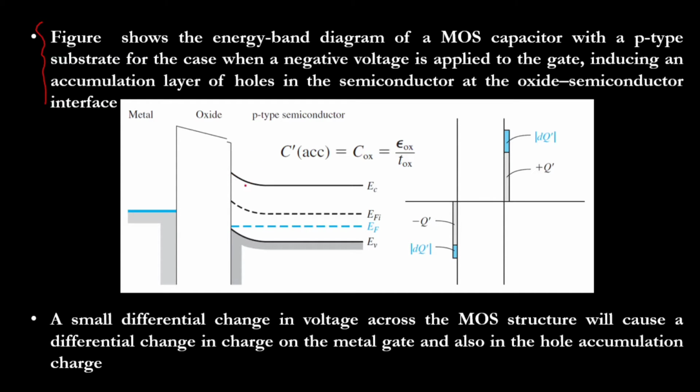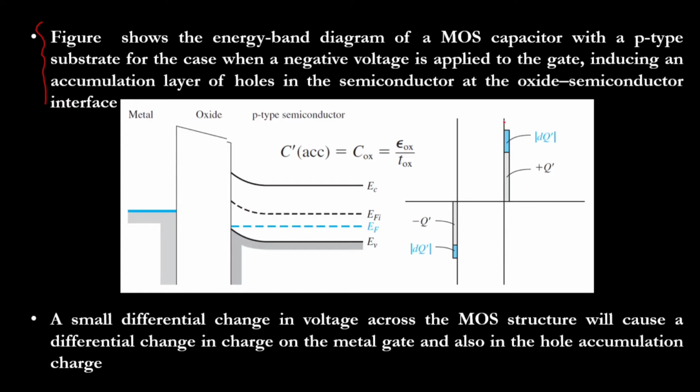At the same time, if I look at the charge distribution here, we are applying a negative charge, which is why this part of the diagram is below the reference line. The positive charge is accumulated at the semiconductor side.